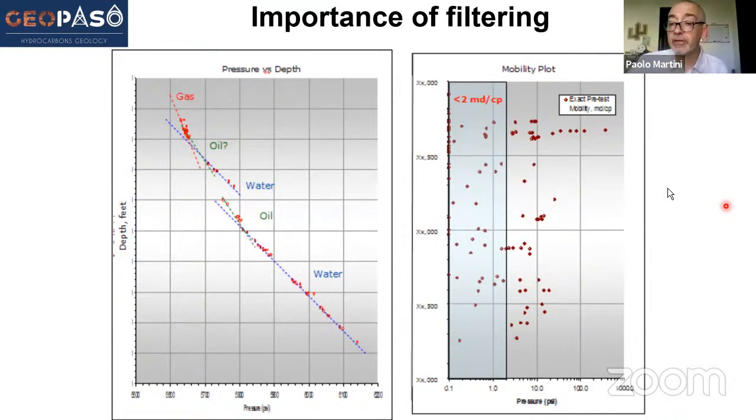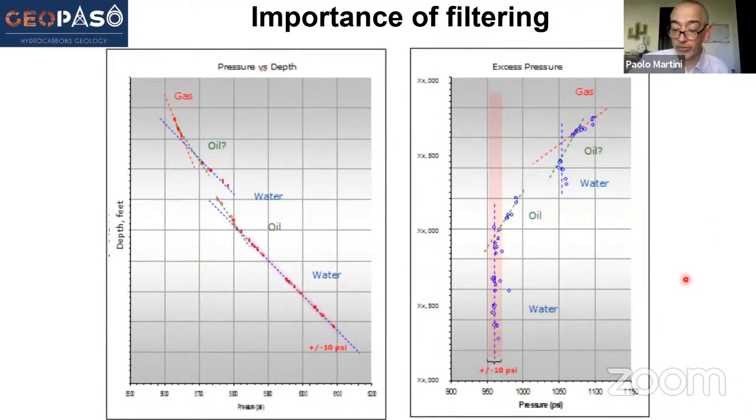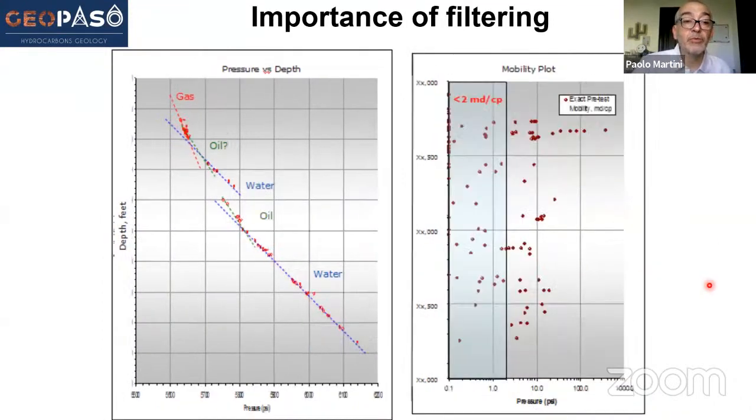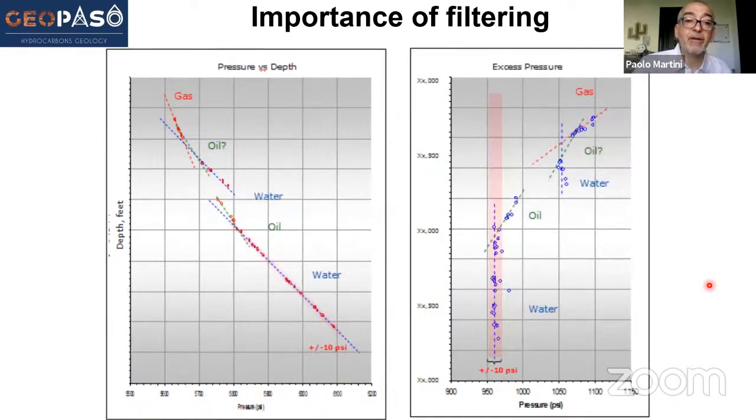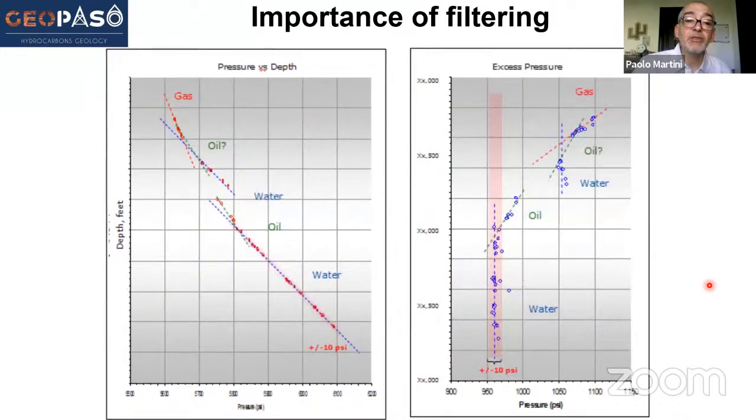And the result is this. If I switch back and forth, on the left picture, you can see that the scatter of the points is gone. The gradients can be defined much more precisely, and so you reduce the uncertainty on the contacts.